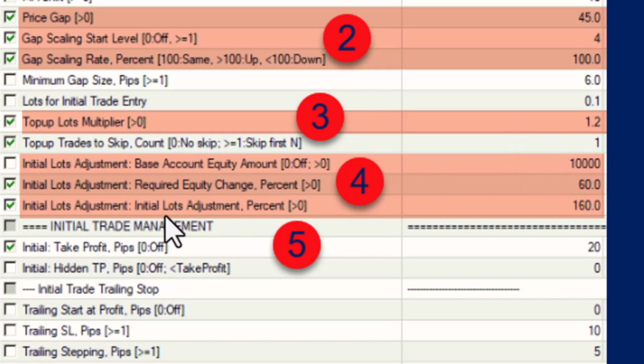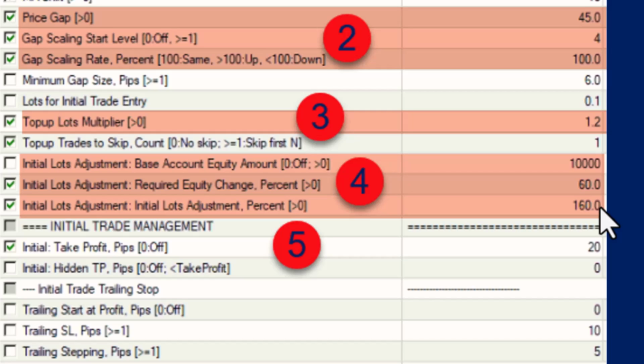Now here's a unique setting that we haven't had in any of our previous videos, and that is it's basically an equity adjustment setting, where the EA automatically adjusts your settings for the equity balance that occurs in your account. So for instance, let's say you started with a $10,000 equity balance, and let's say you doubled that. So then what you can say to tell the EA to do is you could say, if my account doubles, then increase the lot sizing by a certain amount.